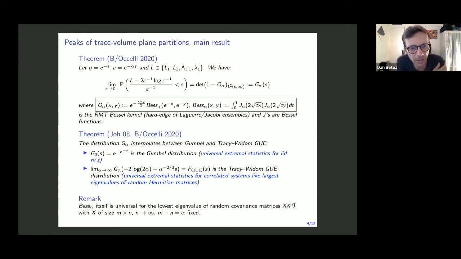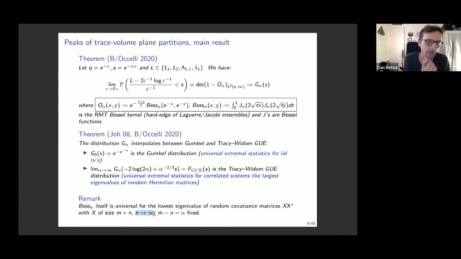X star X is Hermitian, it's positive definite, its eigenvalues are positive, it has the lowest eigenvalue, which is close to 0. If that matrix is M by N, so this is going to be an N by N matrix, and M minus N is equal to alpha fixed, then you're going to see determinant of 1 minus this operator, as opposed to the same guy in exponential coordinates, universally as N goes to infinity.